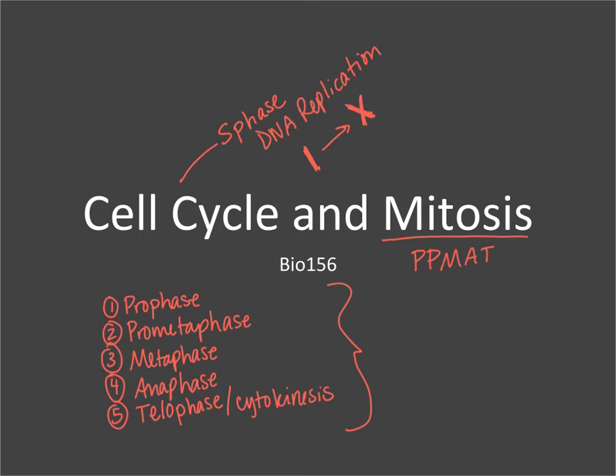Well, during mitosis, during the prophase, prometaphase, metaphase, anaphase, and telophase, those two chromatids actually separate from each other. So one chromatid goes to one side of the cell, the other chromatid goes to the other side of the cell, and eventually those chromatids become the new chromosomes of the new daughter cells that are produced.